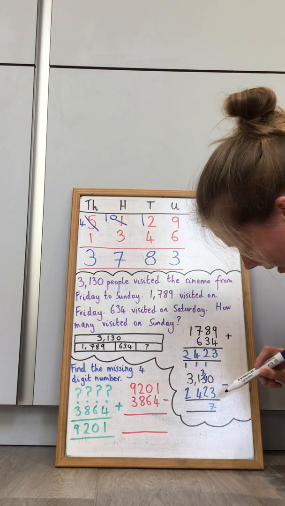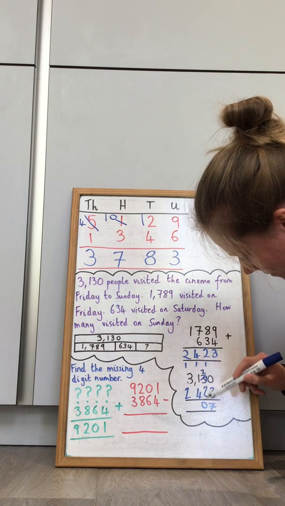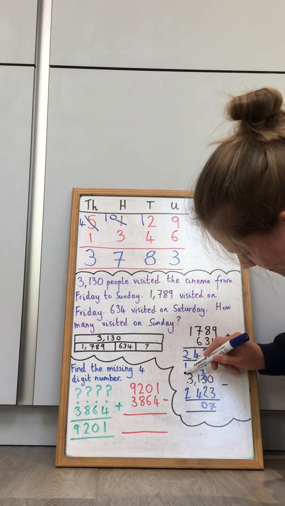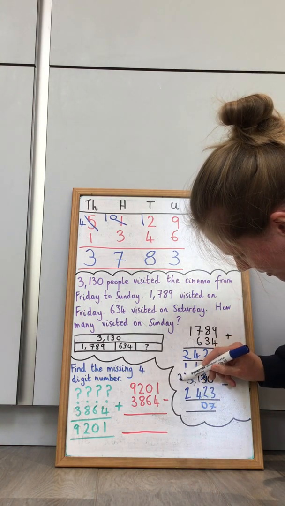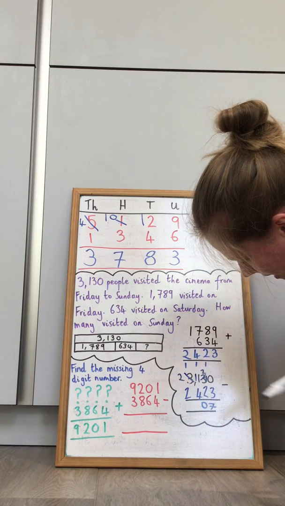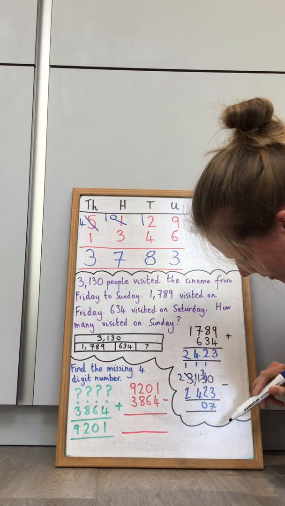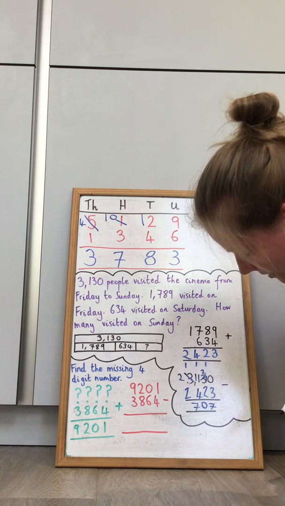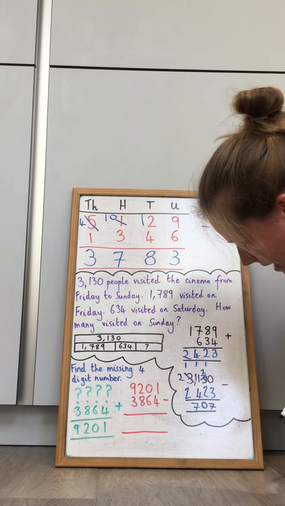2 take away 2, I can do, that's 0. 1 take away 4, I can't do that, so I need to borrow. That becomes a 2, and this carries over. 11 take away 4 is 7. 2 take away 2 is 0, so I don't need to put anything there.